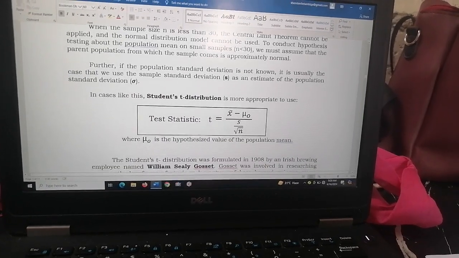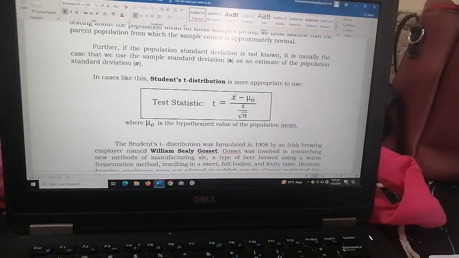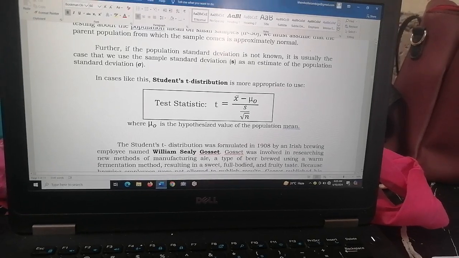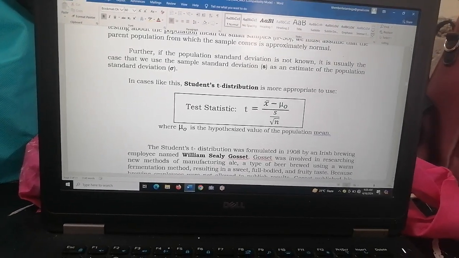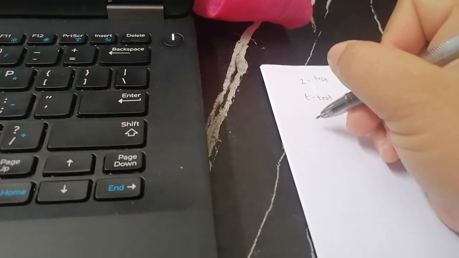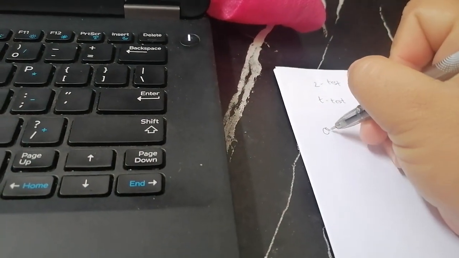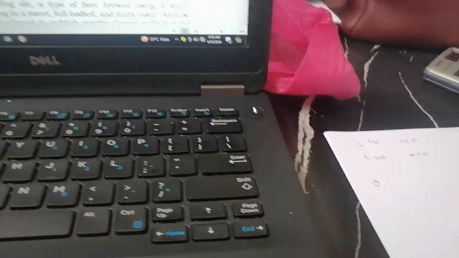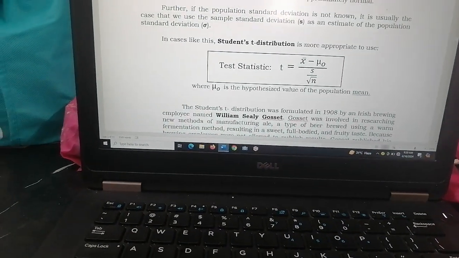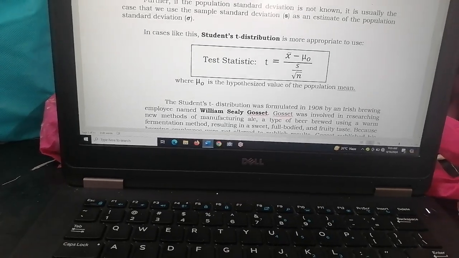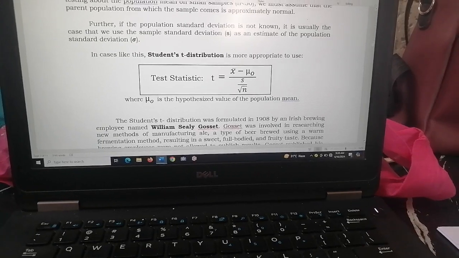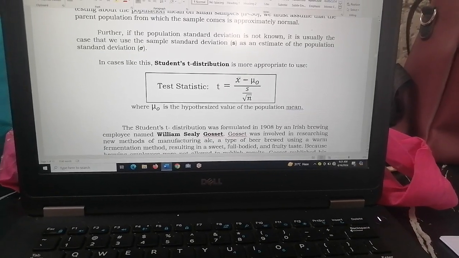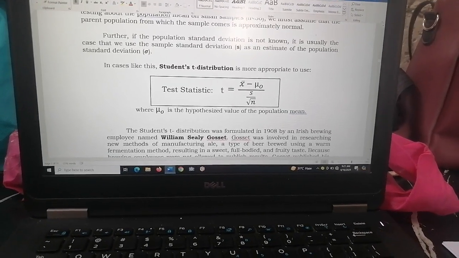Further, if the population standard deviation, the symbol sigma, is not known, it is usually the case that we use the sample standard deviation, represented by S, as an estimate of the population standard deviation.